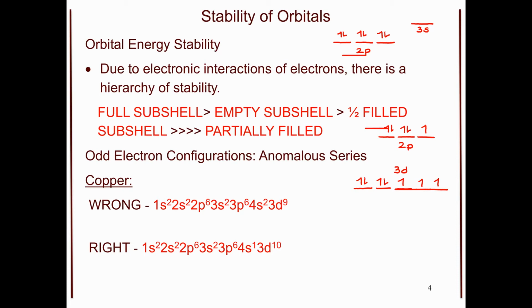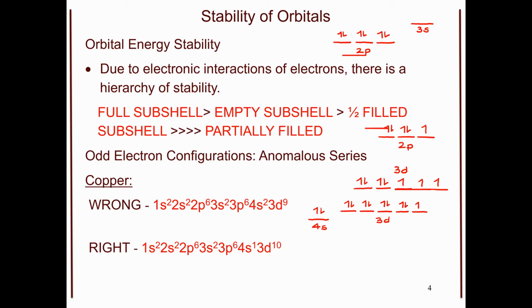Notice that I have a 4s orbital, and if I draw in my 3d orbital, I get my 5 orbitals. I would have 1, 2, 3, 4, 5, 6, 7, and you'll notice that I fill this up to 3d9.